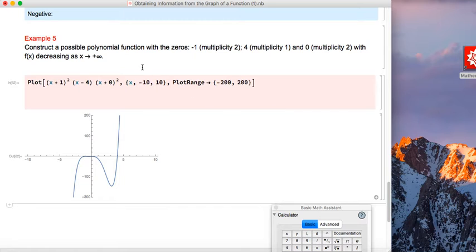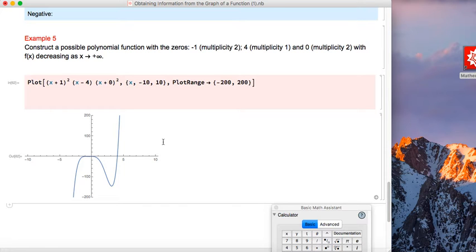Okay, now the last thing we want to check is that f(x) is decreasing as x goes to positive infinity. That means when x goes to the right, toward positive infinity, f(x) is supposed to be decreasing. But in this case the graph is increasing when x goes to positive infinity.